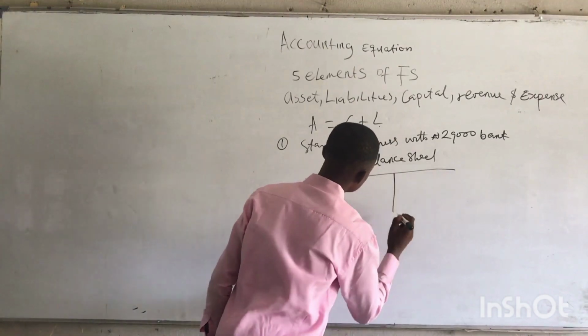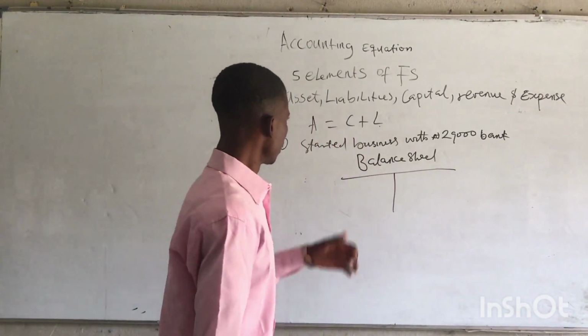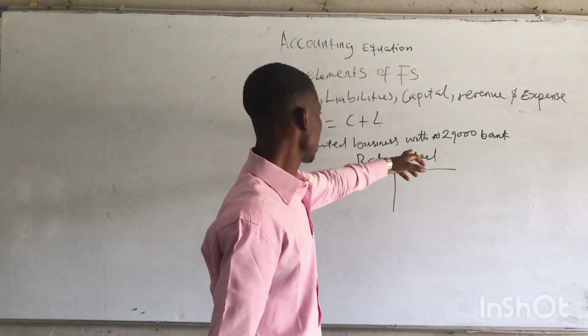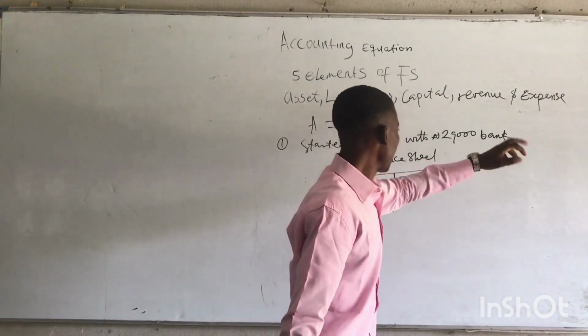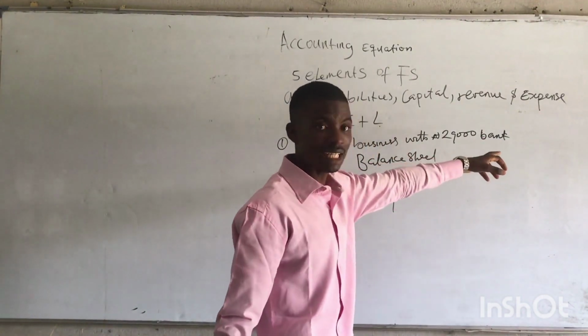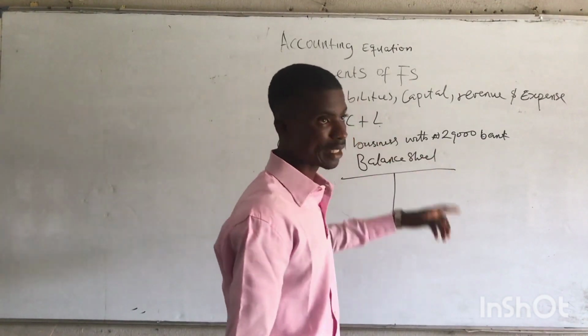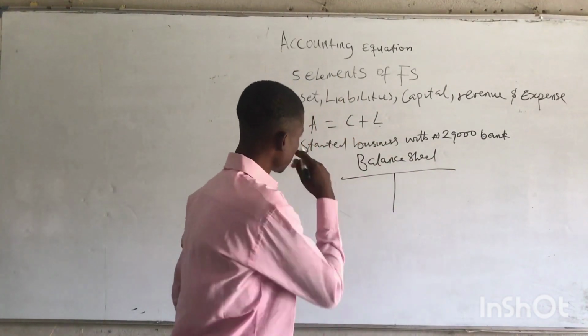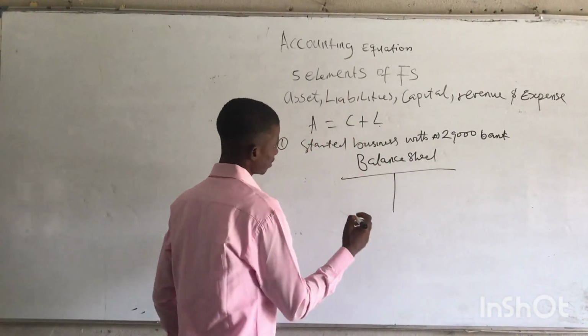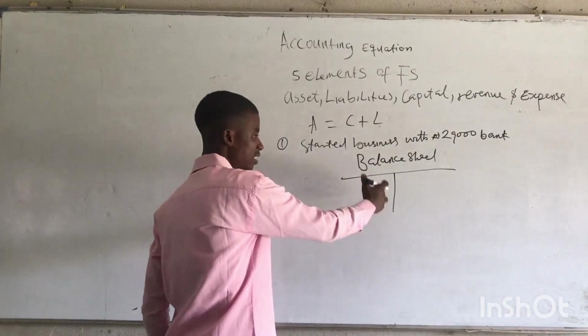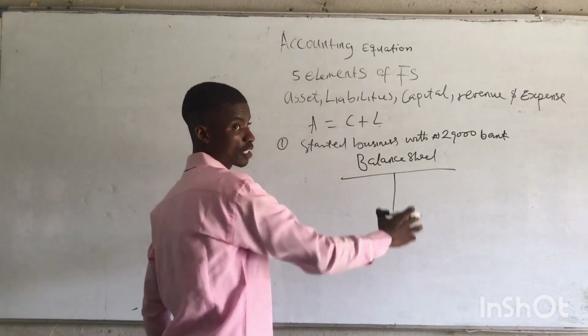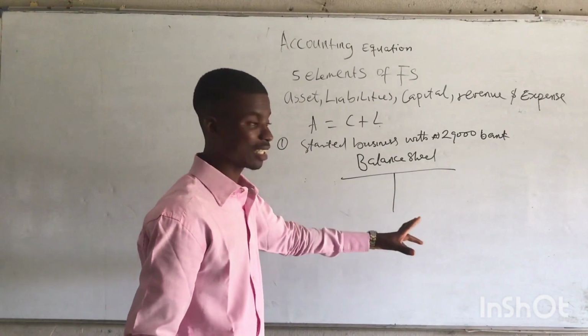it will go like this. The two accounts involved in this transaction now are the bank, which is the asset account, and then the capital. As I said before, this does not follow the principle of double entry. It's just a statement and it's not an account.